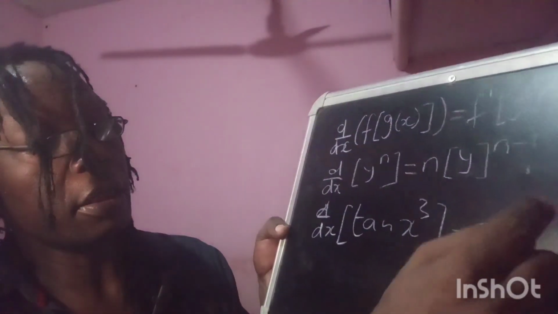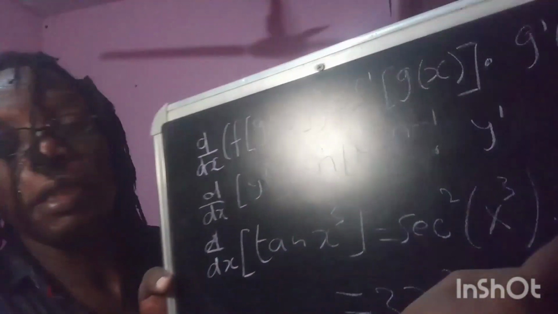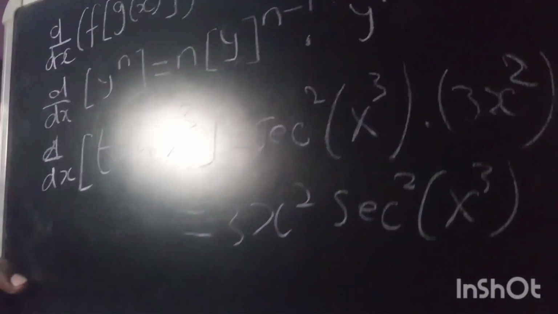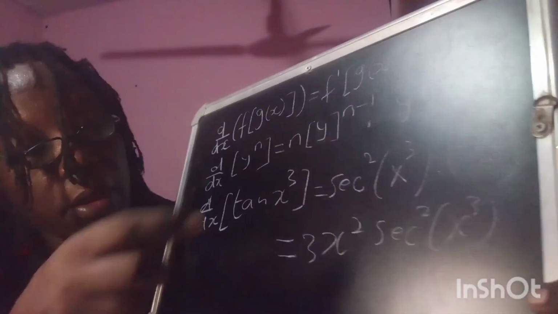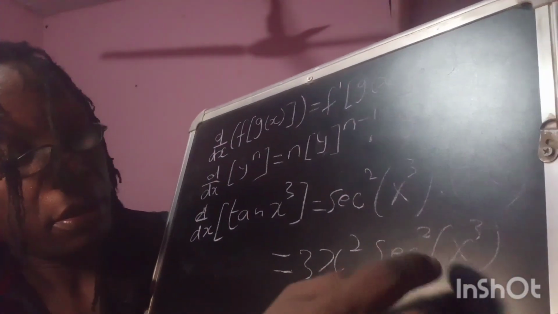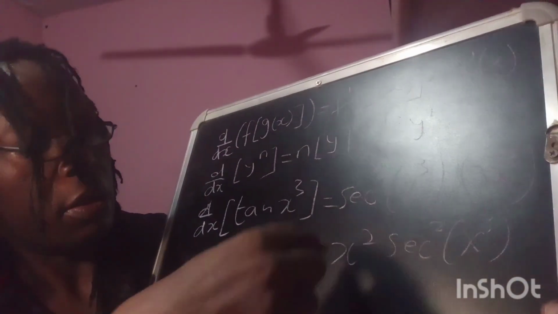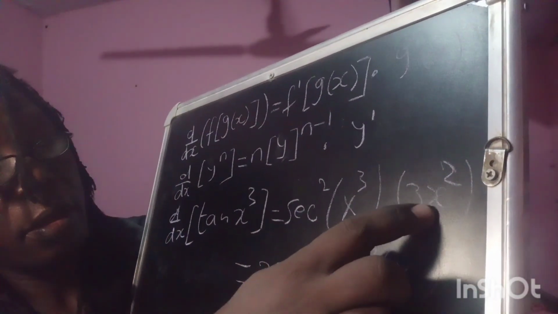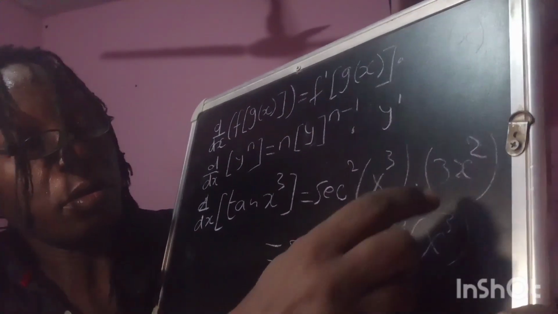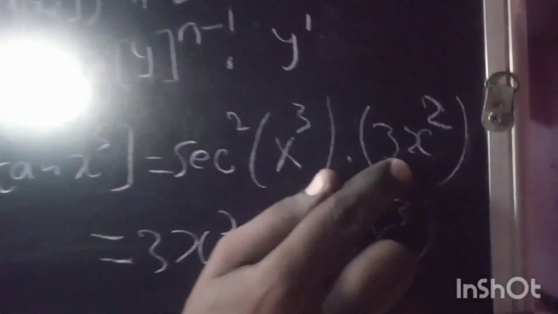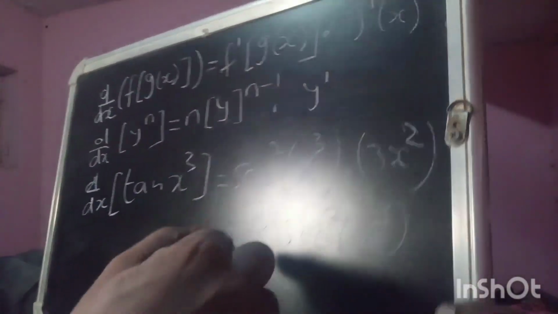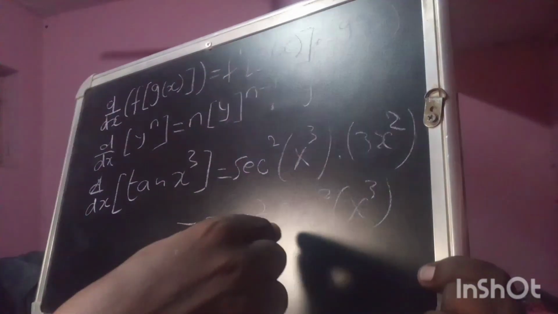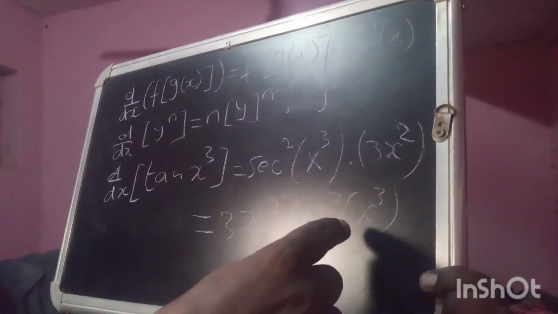What happens is that the 3 comes in front, and then you subtract 1 from the power. So after you get this, you bring it in front: 3x squared into secant squared into x cubed.